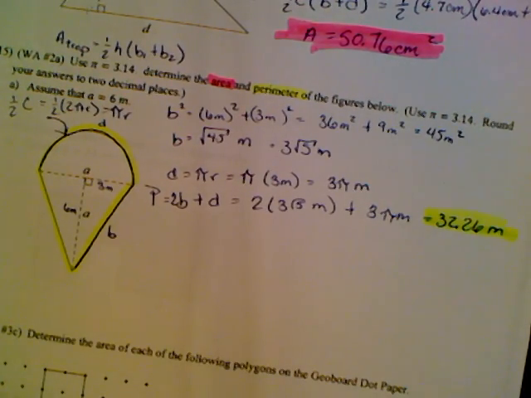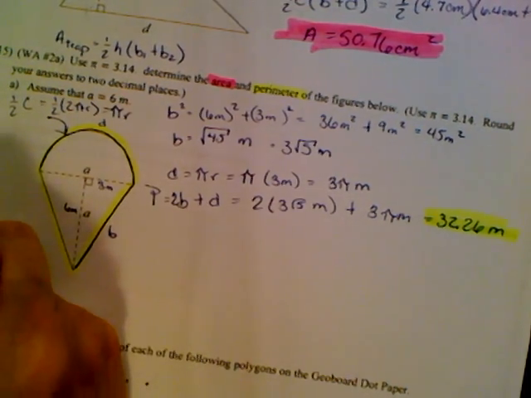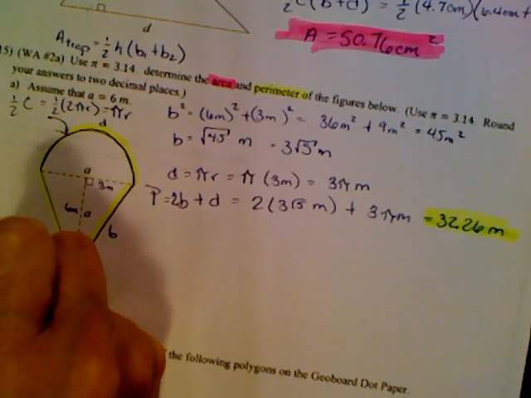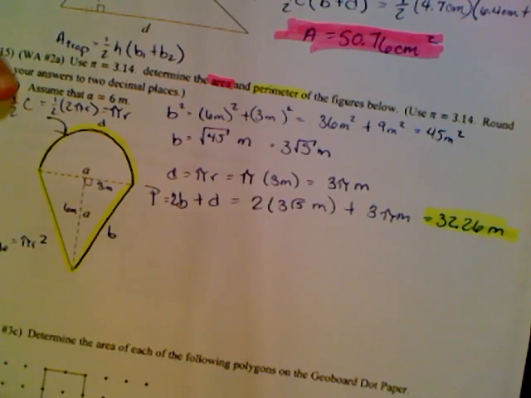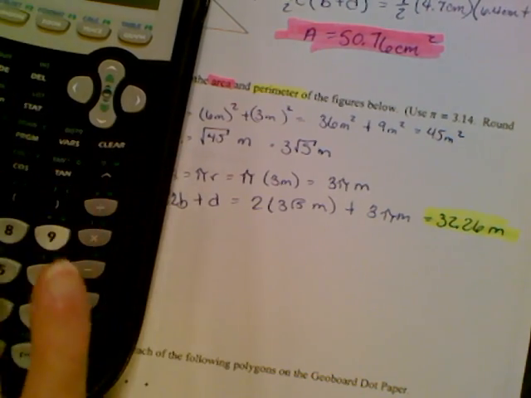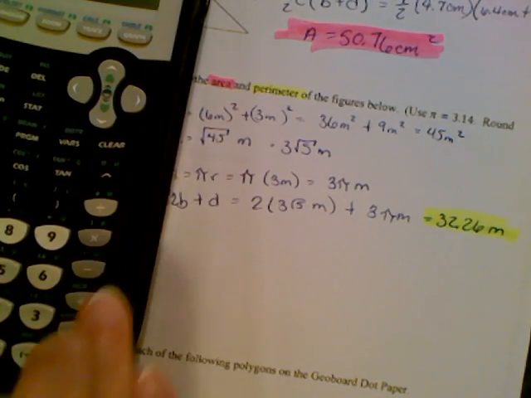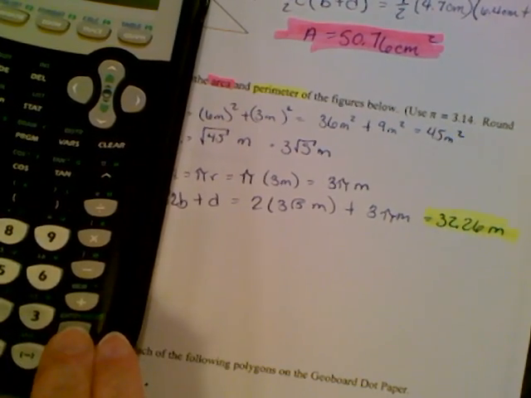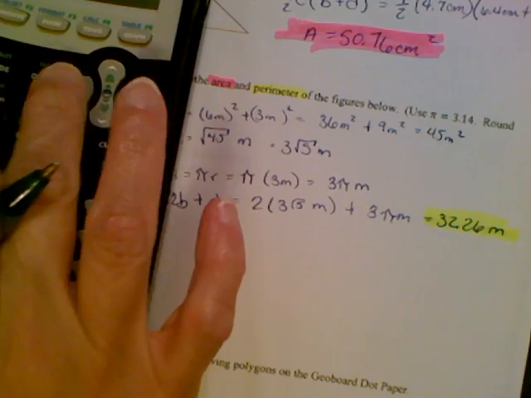Okay. Now we need to find the area. The area of a circle is pi r squared. I'm going to check that answer. 2 times 3 times the square root of 5 plus 3 times 3.14.